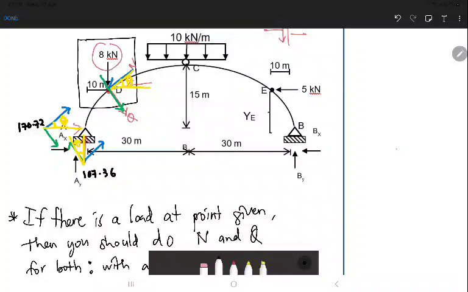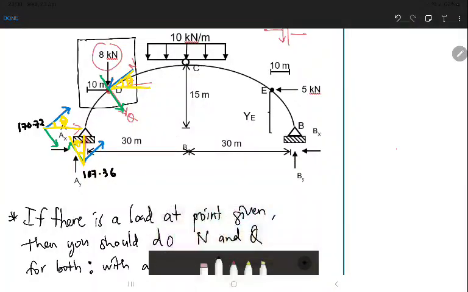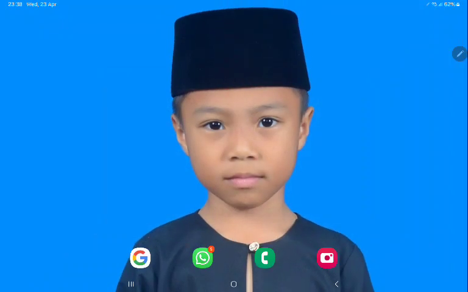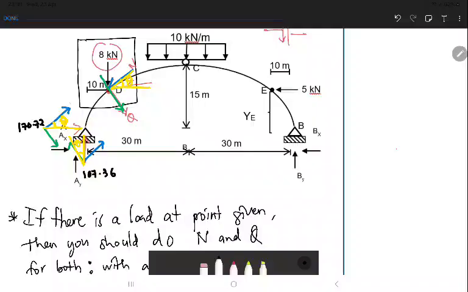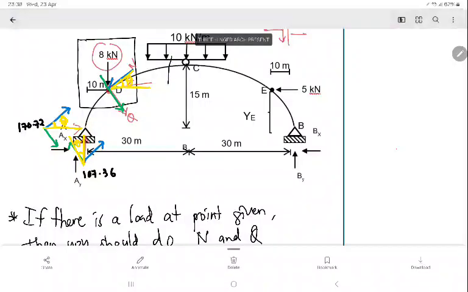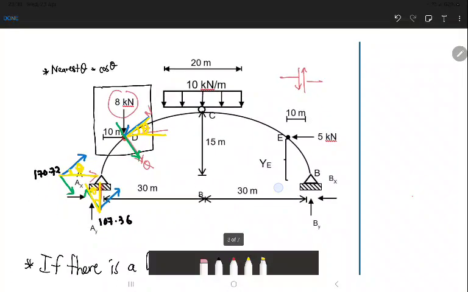Alright. So you put here because of the angle theta: the nearest to theta is cos theta, so this here is 170.72 cos theta.